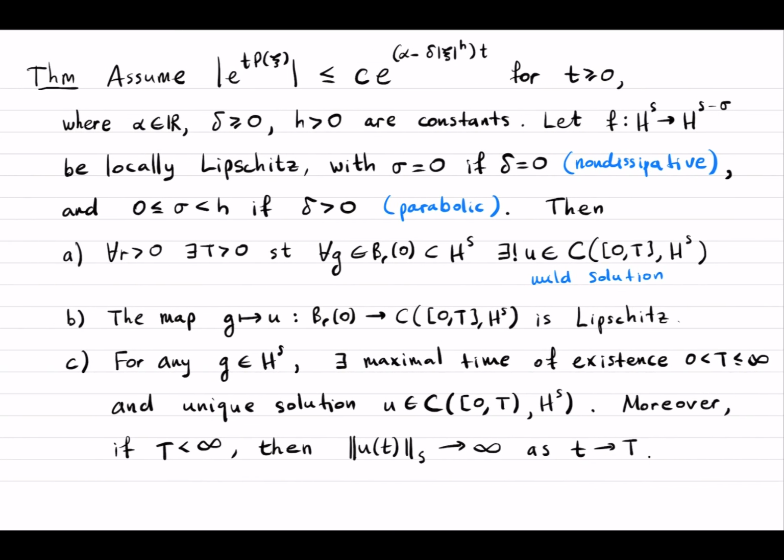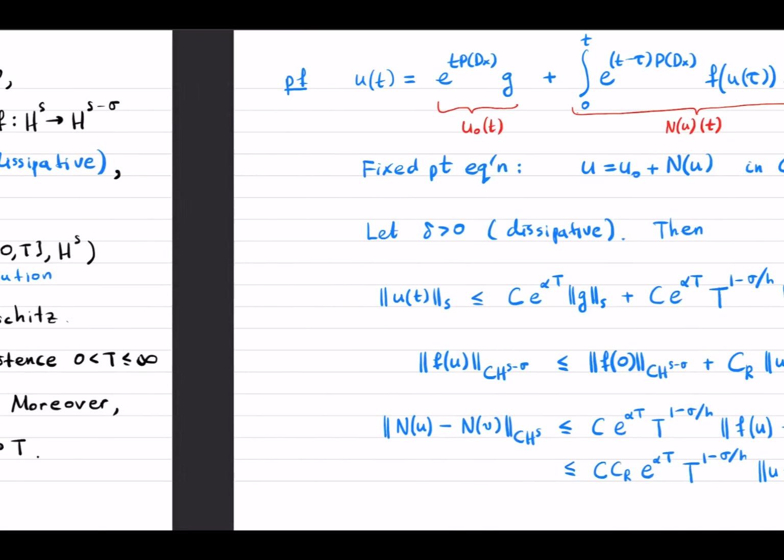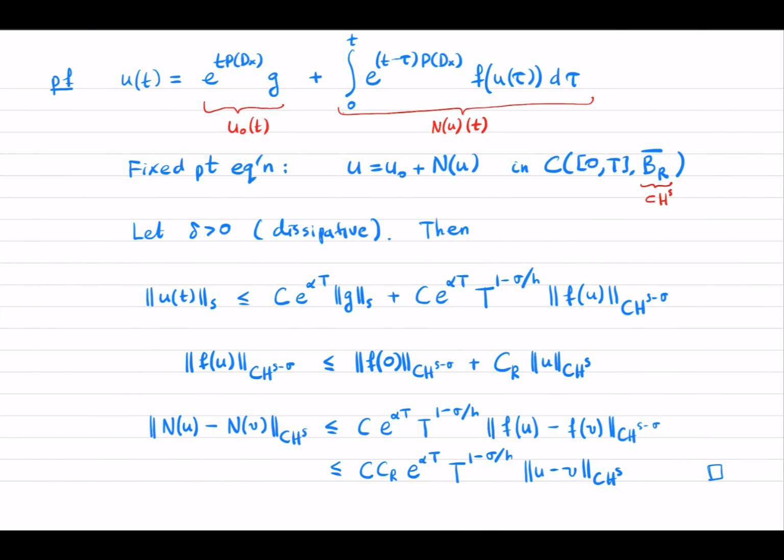Now, the proof of this theorem is similar to the proof for the ODE case. So we're going to simply sketch the proof. The condition for the mild solution is written here. Here we have the linear propagator, and here we have the inhomogeneous term. Except that, of course, now the inhomogeneous term depends on our solution U. Our mild solution must satisfy this equation by definition.